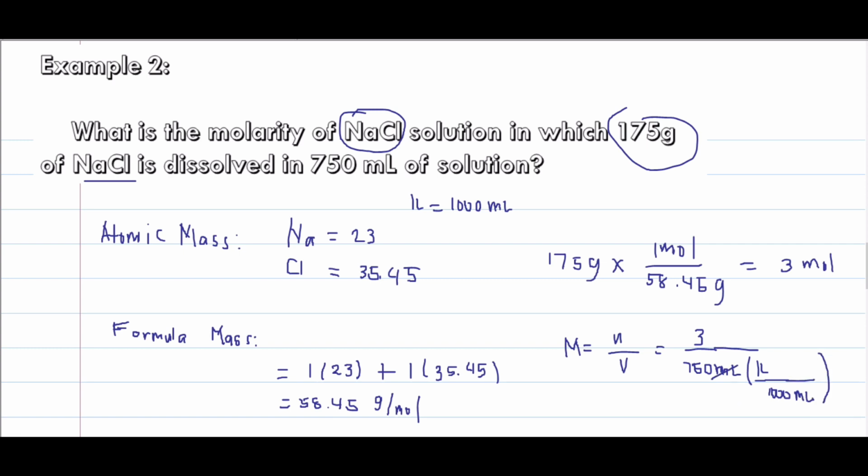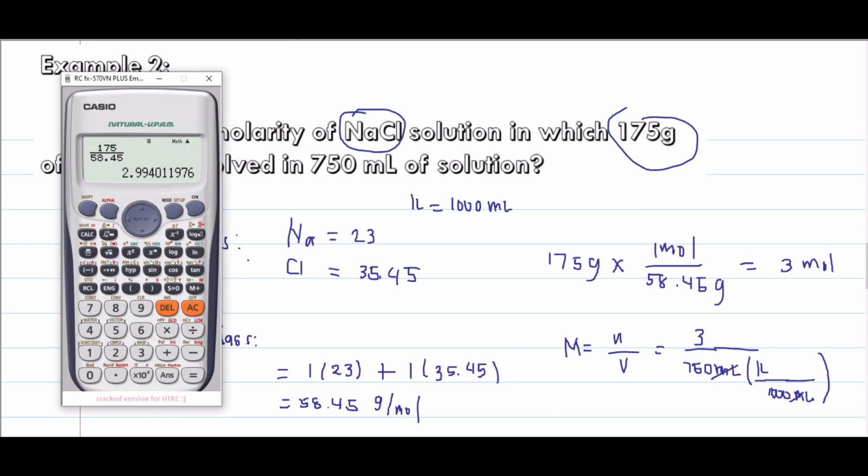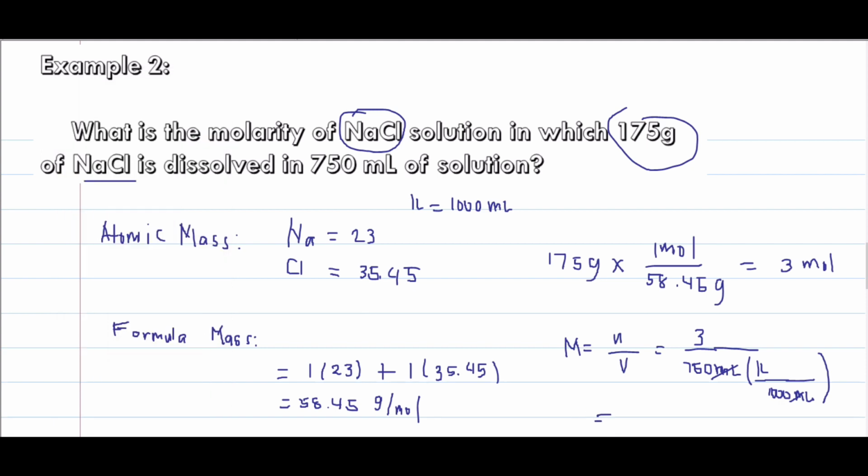We can cancel milliliters to obtain liters. Therefore, the molarity is 3 over 750 divided by 1000, which is equal to 4 molar, or 4 M. This is the final answer.